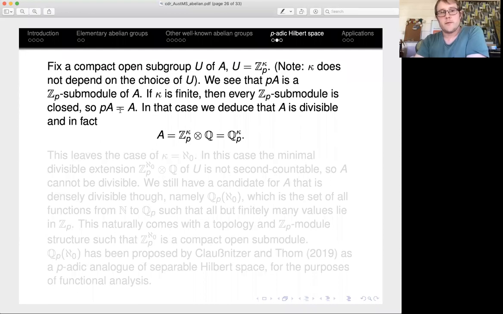So the easy case is if kappa is finite, you see that having PA be a submodule, it's also got to be closed and dense, and then it ends up being everything. In that case, we just get the divisible extension of ZP to the kappa, which is QP to the kappa.